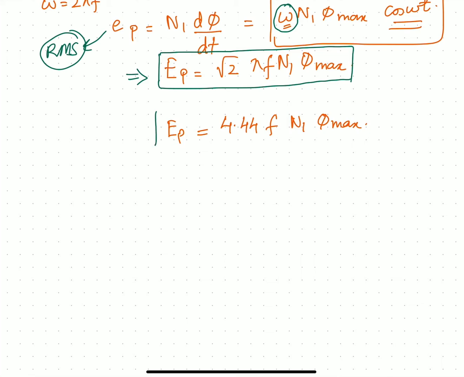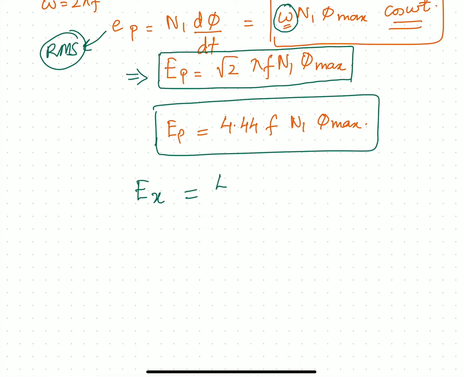So this is the induced EMF in the primary. In general, this equation holds for both the primary and the secondary. So we can write this as Ex equals 4.44 f phi max, for short, and we can write this N as T as well.